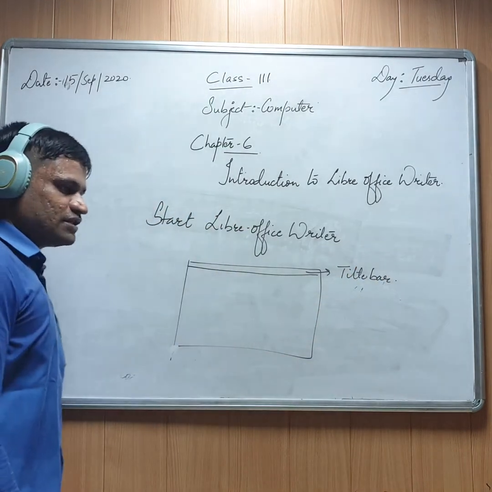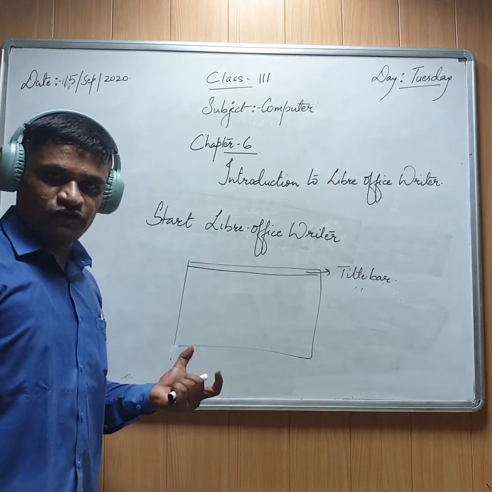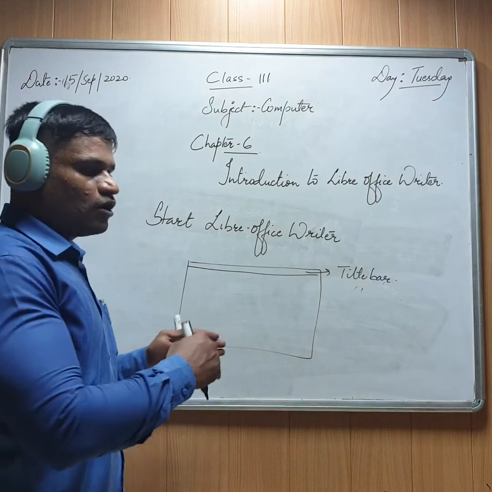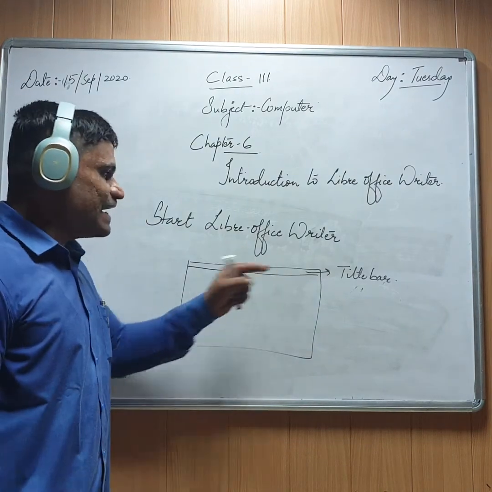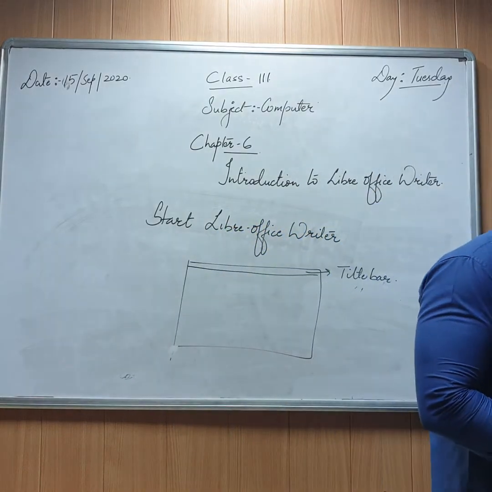This section is used to show the name of the file or the program or the document on which you are working or you have created. So this title bar shows the name of the file.